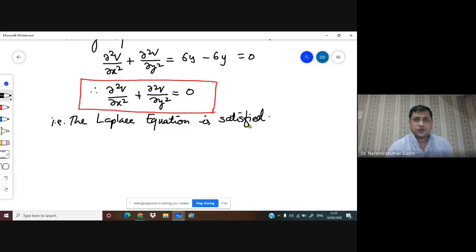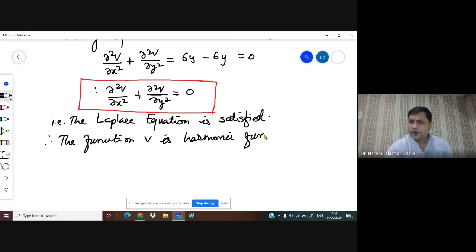And as we know, if the Laplace equation is satisfied, then we can say the function is harmonic. So the function v is a harmonic function.